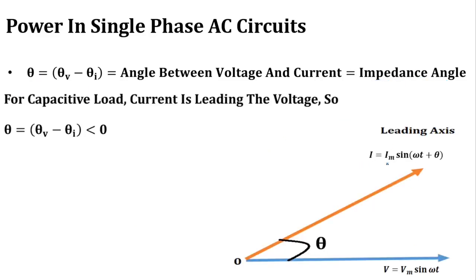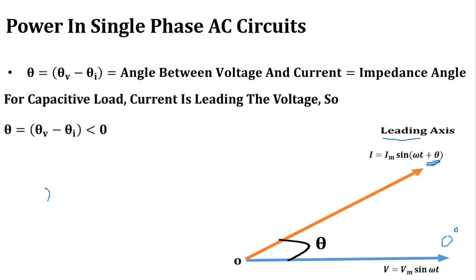Now the second case, the leading case. Let's suppose again we take voltage as reference, so the reference axis I will write over here as 0 degree. The current is leading, so the current is I equal to Im sin(ωt + θ), that is plus θ.